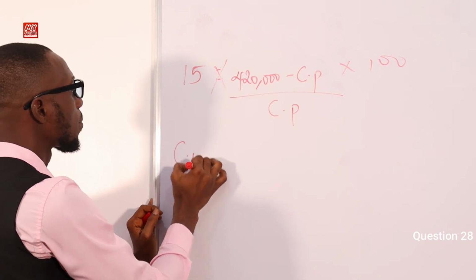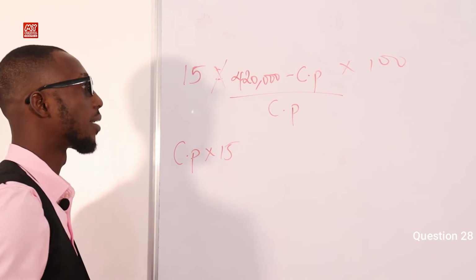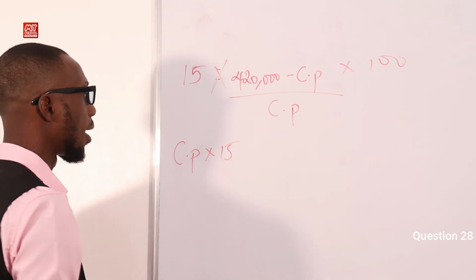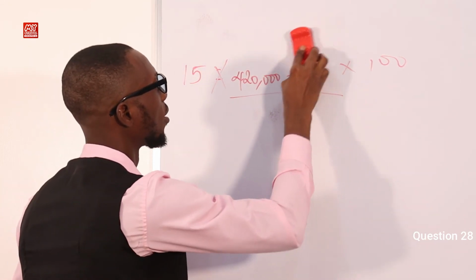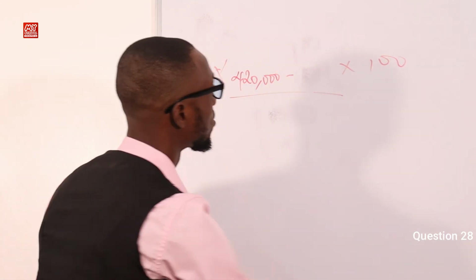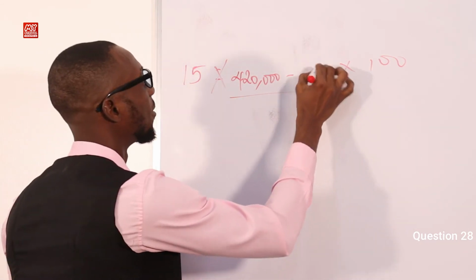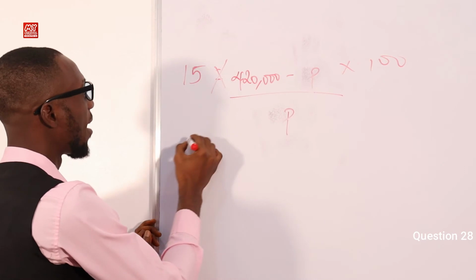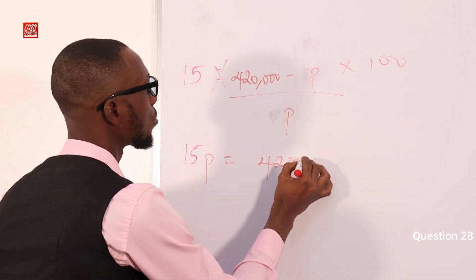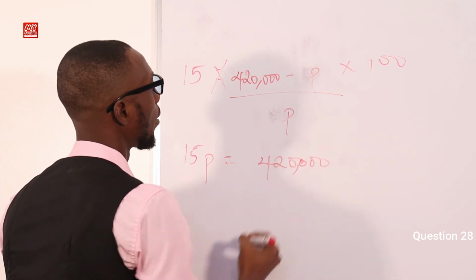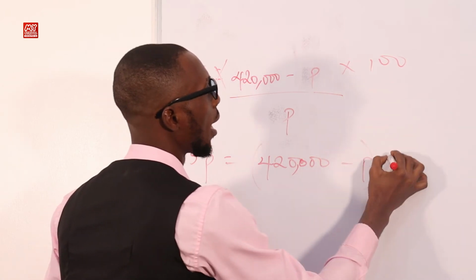Let me represent the cost price with X so that it will be easier for us to work around. Or we can change it to P, P for price. So I would have 15p equals 420,000 naira minus p, times 100.